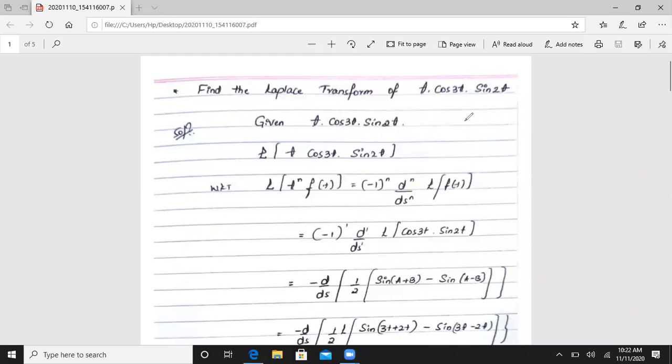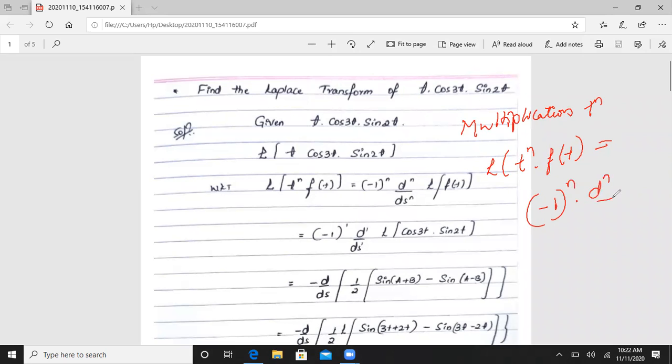Okay. Your multiplication property is, so you guys know, Laplace transformation of t to the power n into f of t is equal to minus 1 to the power n into d to the power n divided by ds to the power n, that is F of s.